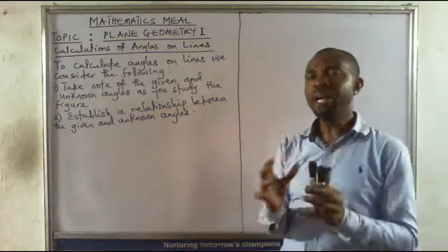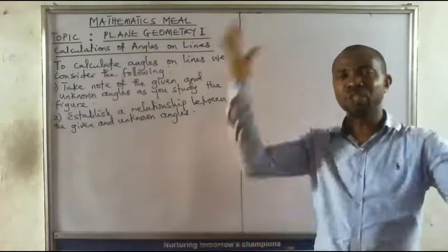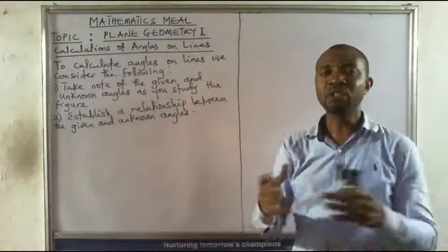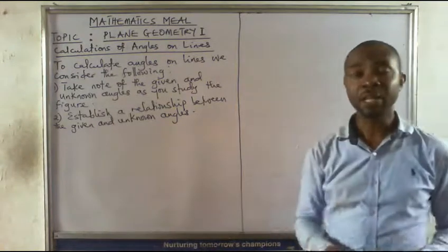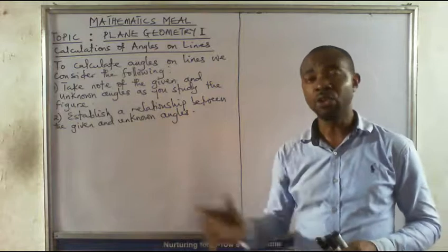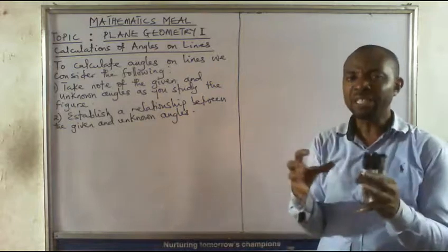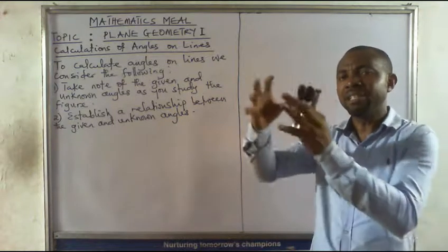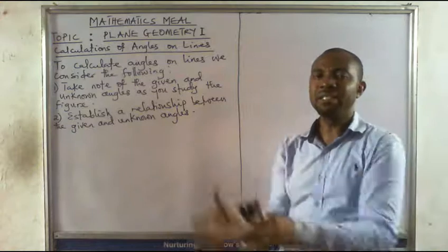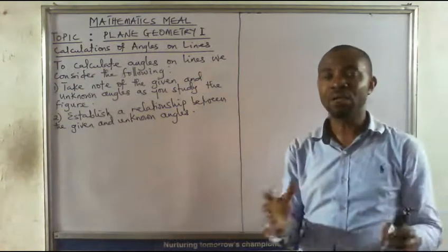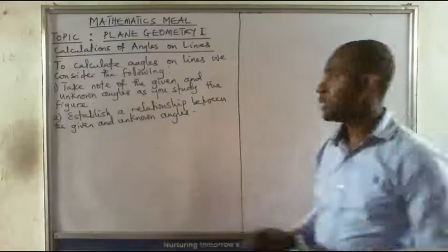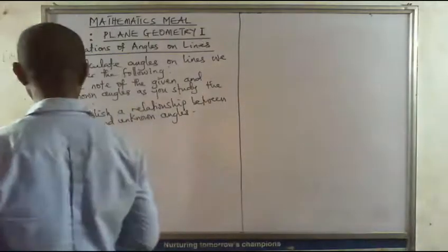So it will be an error for someone to manufacture something from nowhere in order to establish a relationship between the given angles and the unknown angles. For you to establish this relationship, there are already existing relationships between lines and angles. All right. So that's the second point that we need to take.